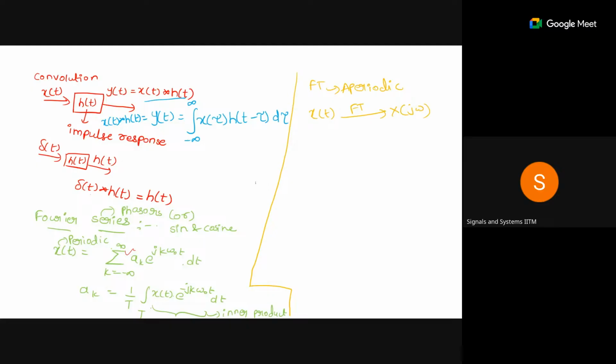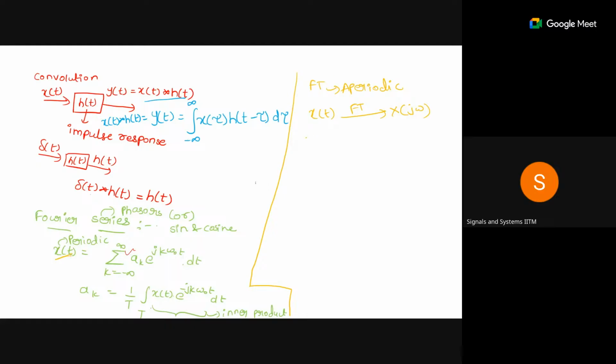Initially it is in the time domain. We are making it into the frequency domain so that we will know how many frequency components are present in the signal. That's the reason we are moving from the time domain to the frequency domain, and we'll be drawing the spectrum of that signal.